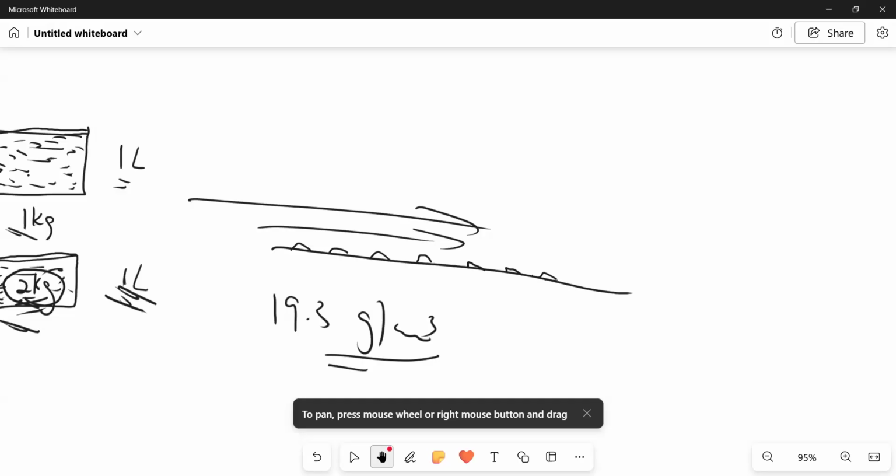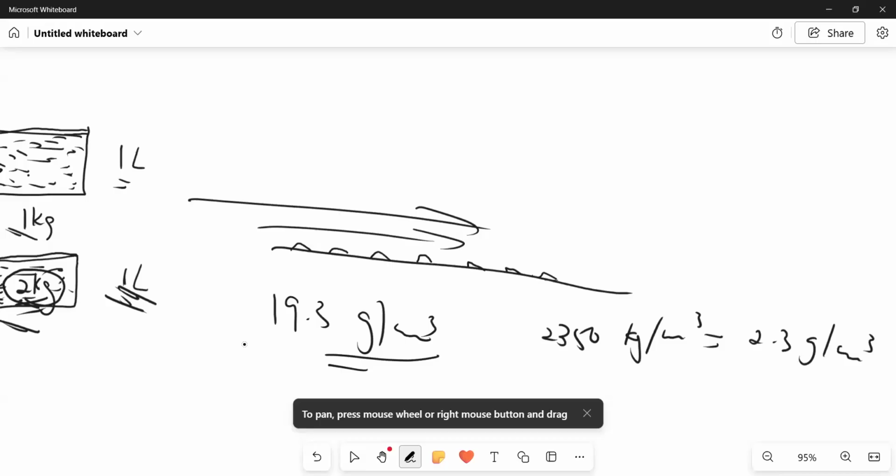Let me see if they give me a number. Yeah, all right, this is what they give me here. Approximate density of clay is around 2,350 kilogram per meter cube, which is approximately 2.3 grams per cm cube.